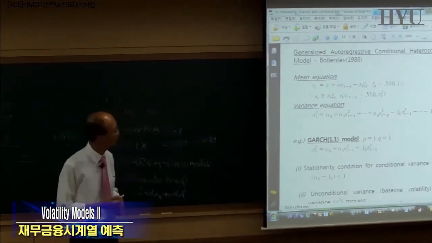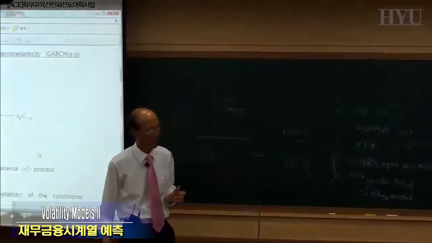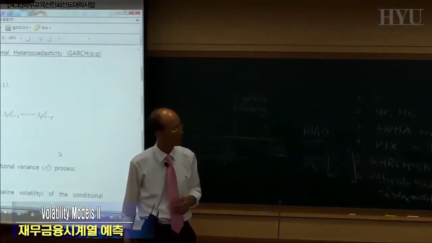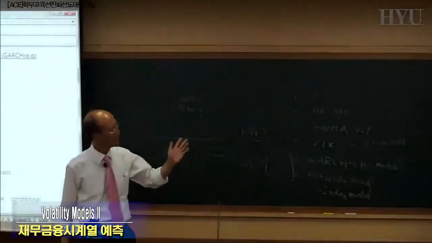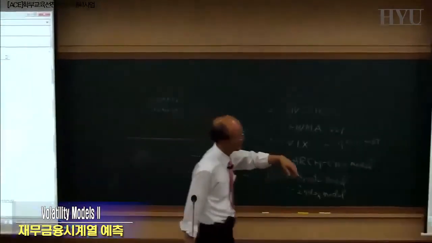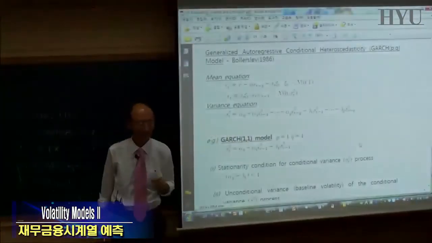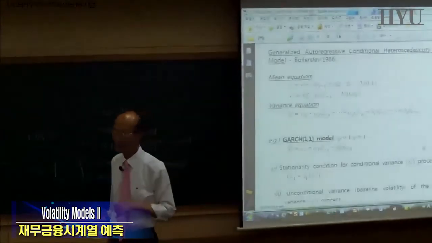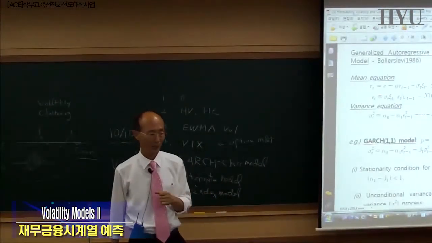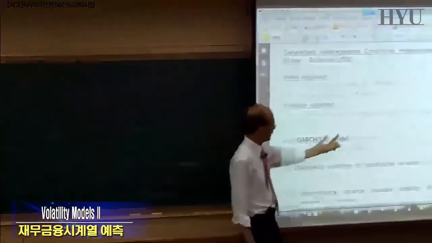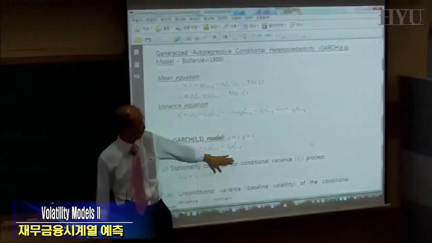So the professor, whose name is Robert Engle of UC San Diego, proposed this model known as the ARCH model in 1982. And his student, Bollerslev, in 1986, added this term and provided two proofs here.